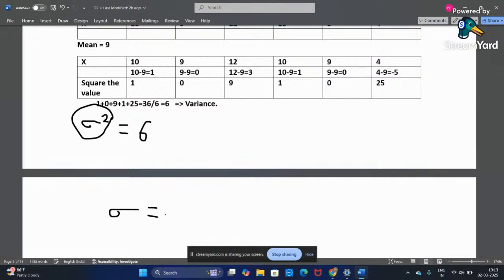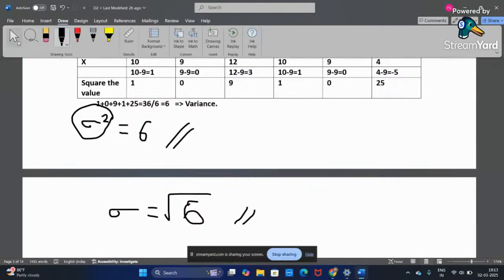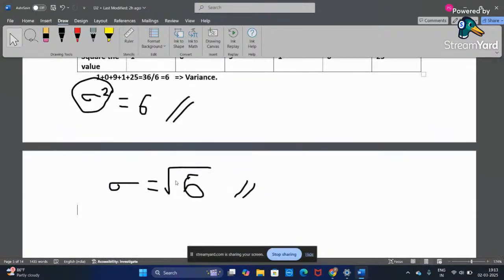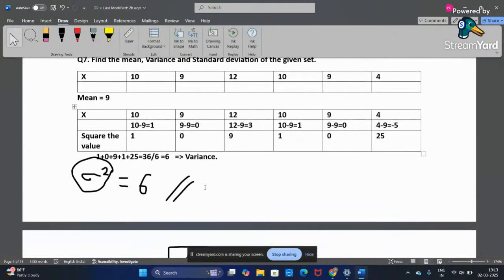That means root 6. The answer for standard deviation is root 6. The variance is 6.